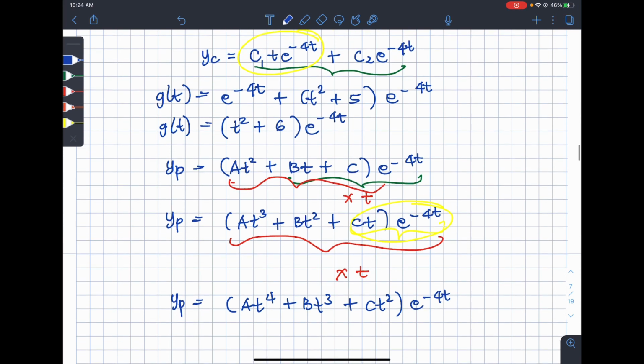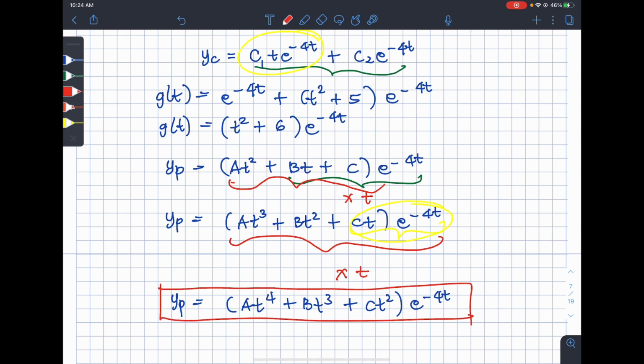And from here, you can see that there's no term in our yp that is present anymore in our y of c. So this one will become our trial particular solution, which is another case 2. Okay, so that is how to get the trial particular solution, whether it belongs to case 1 or case 2.